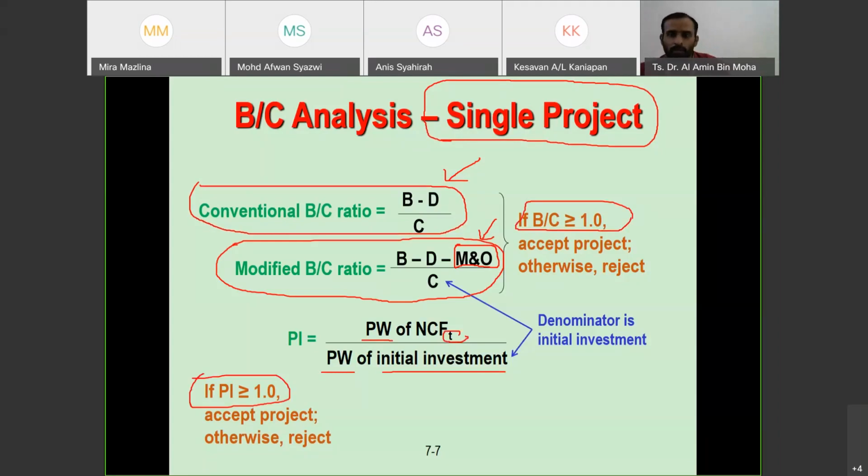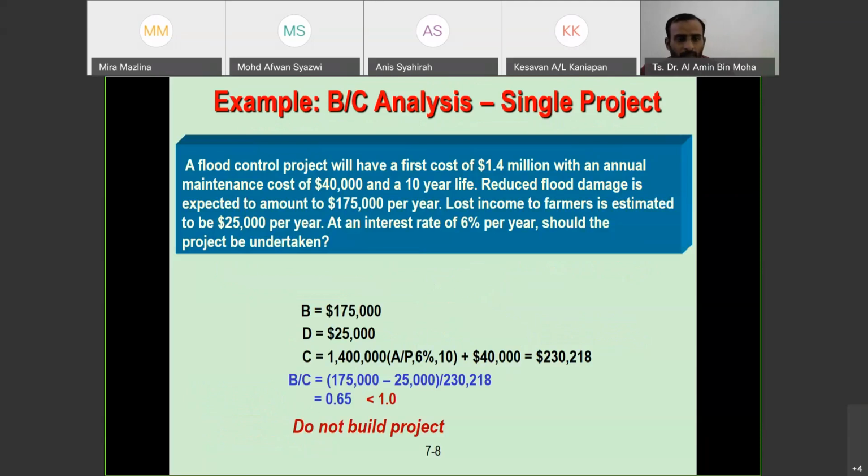So let's see one simple example. A flood control project will have a first cost of 1.4 million. So what is this? Cost, right? Yes, it's a cost. With annual maintenance cost.